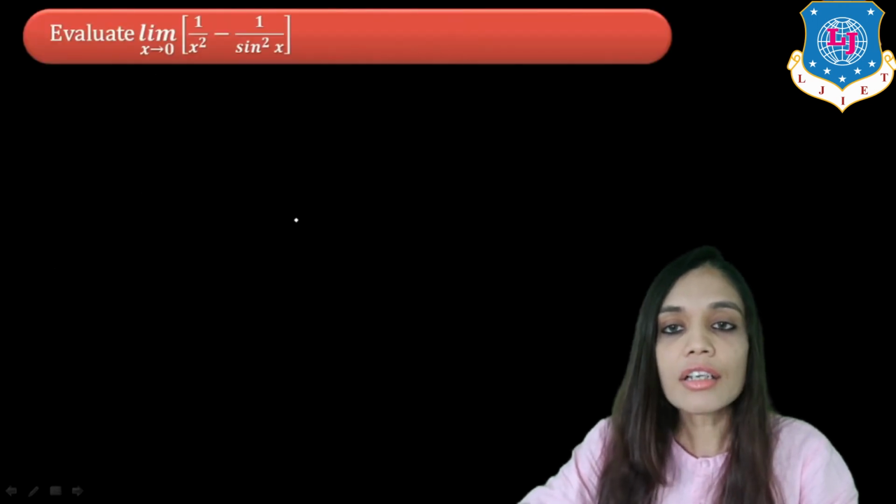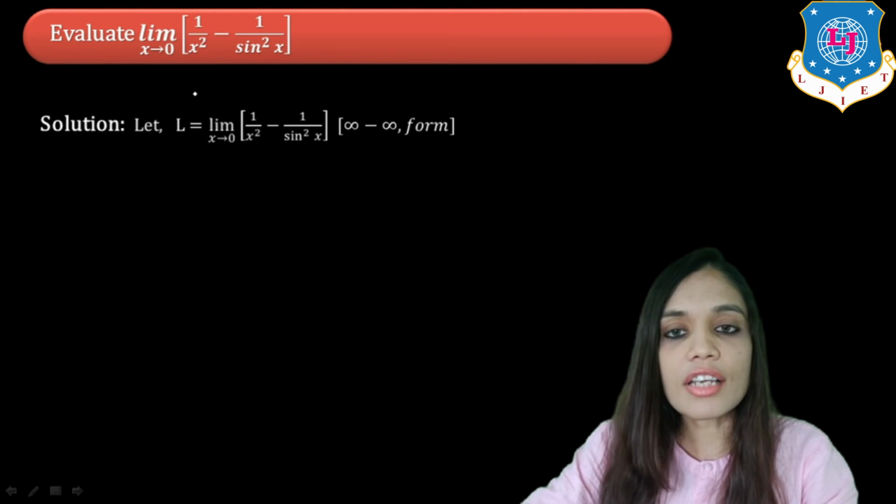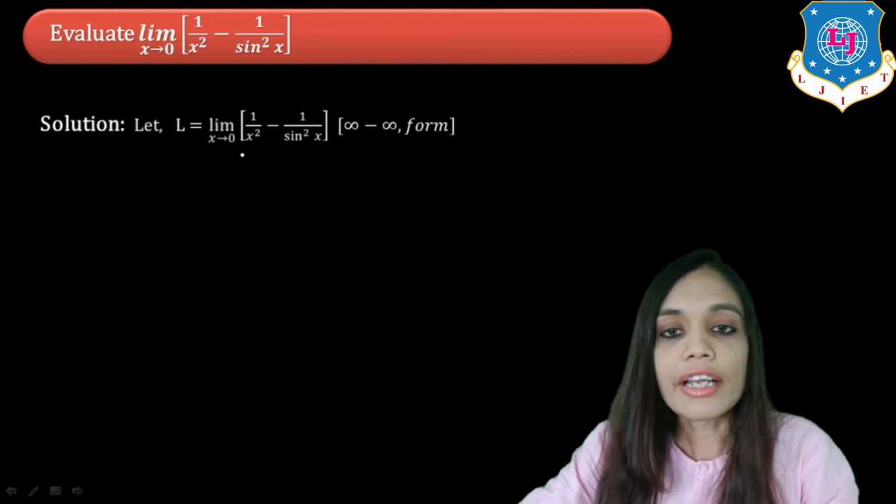Okay. Next, let us evaluate limit x tends to 0, 1 upon x square minus 1 upon sine square x. So let us start the solution. Firstly, we will assume the given limit as L. Now let us put the value of x as 0. So which form you will get? Infinity minus infinity.